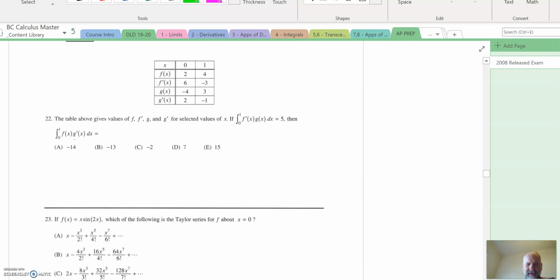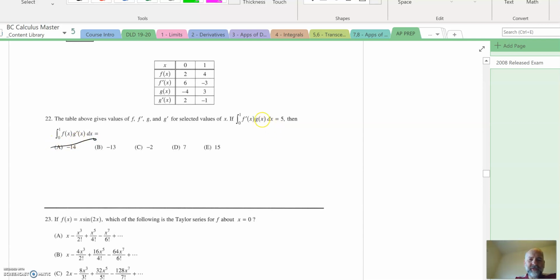Okay, let me think about this a second. I'm seeing some product rule things going on here, and so I'm thinking integration by parts for a second here. Yeah, so I don't want to integrate this one. I want to integrate this one instead.